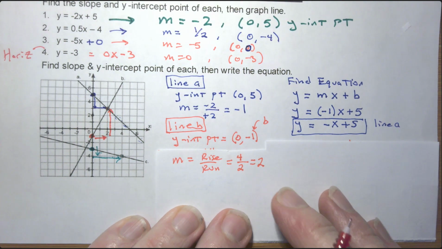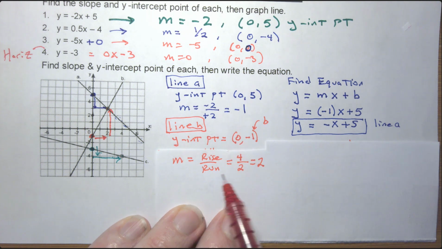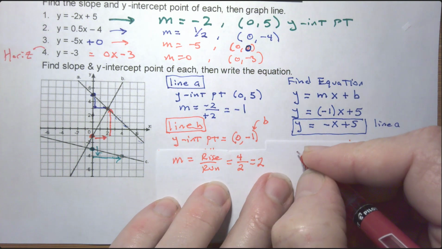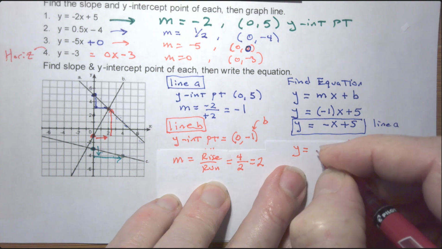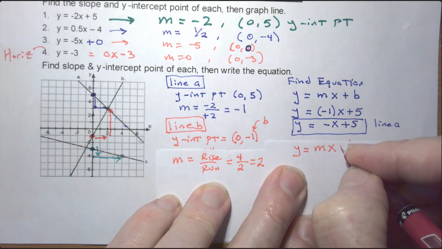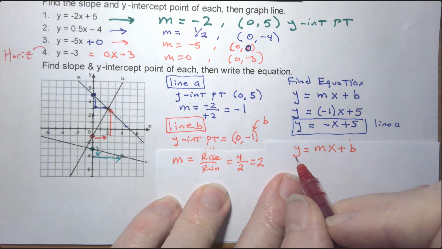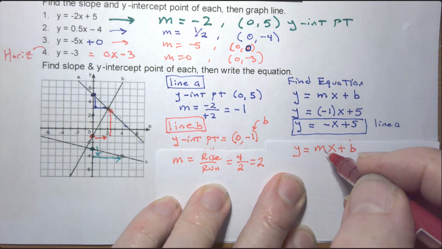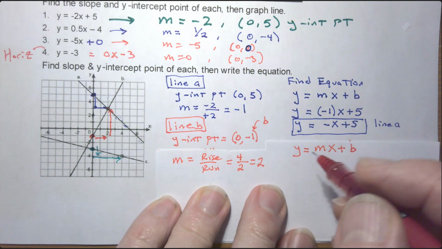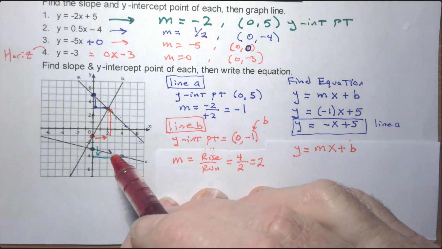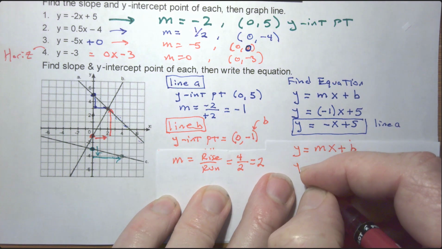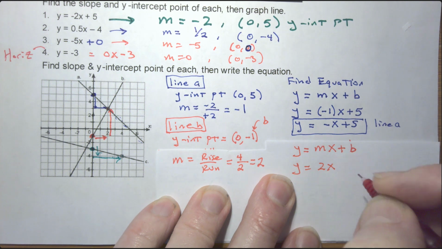Okay, well, if we can find that information, the y-intercept point and the slope, then we can write the equation of the line. The slope intercept formula says y equals mx plus b. Now remember, x is a variable, y is a variable. They stay variables, but m is a number and b is a number, and we found the m number by looking for the slope on the picture. y equals 2x.